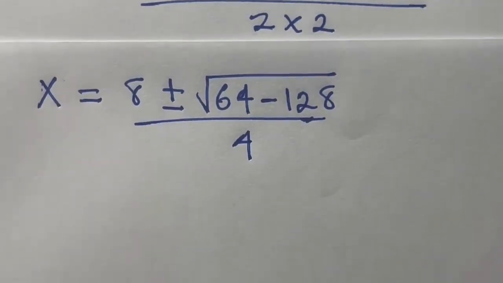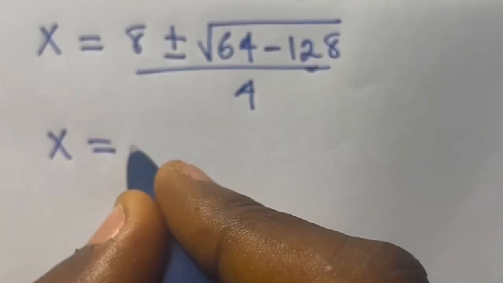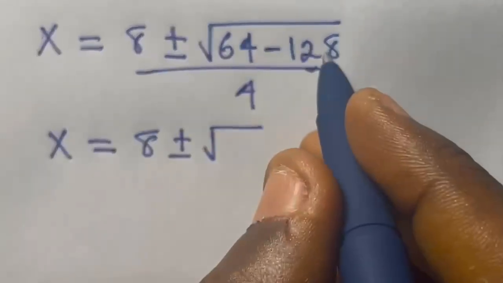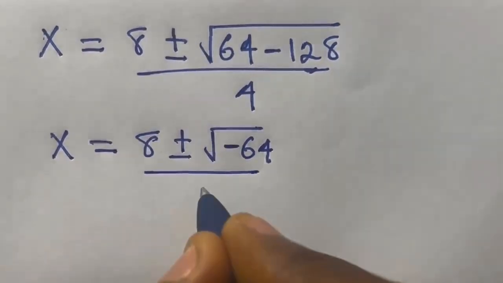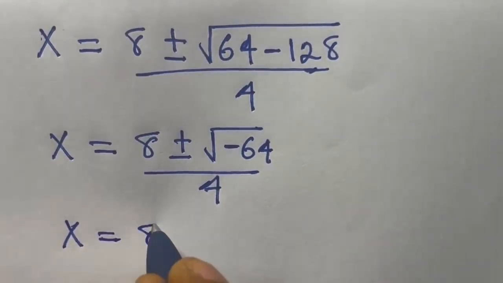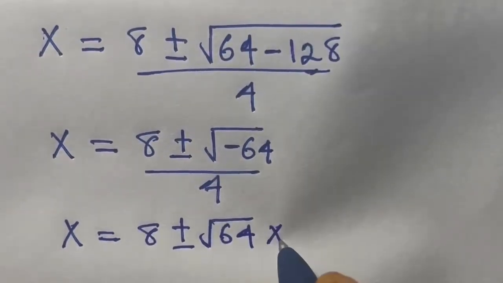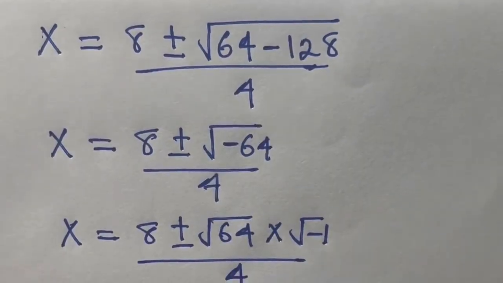Now we have x equals 8 plus or minus the square root of 64 minus 128, which gives us minus 64, divided by 4. Then x equals 8 plus or minus the square root of 64 times the square root of minus 1, divided by 4.